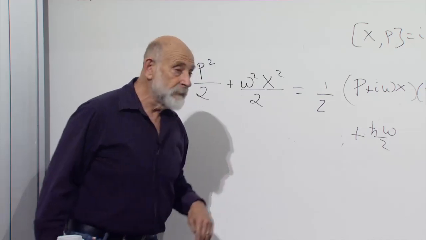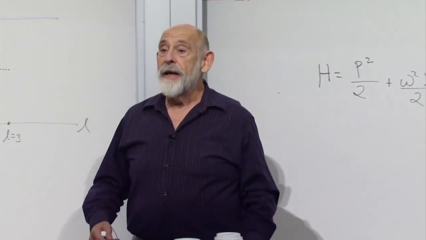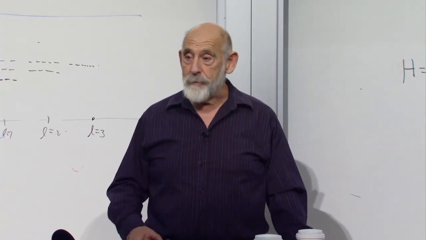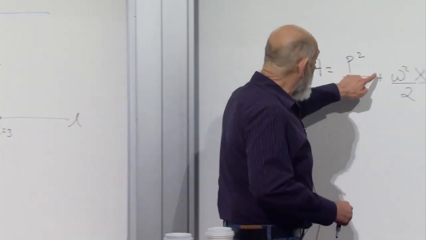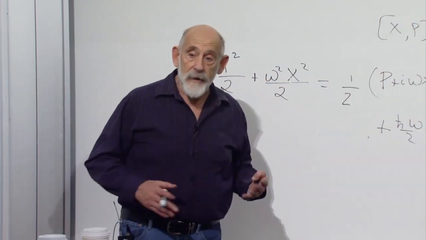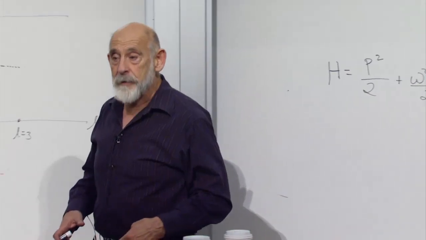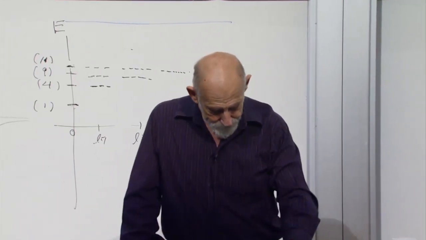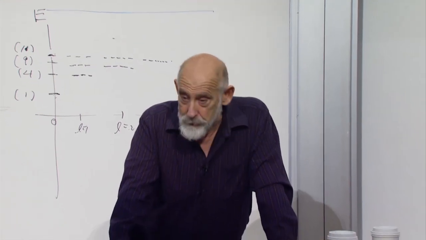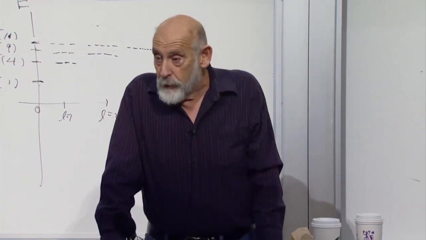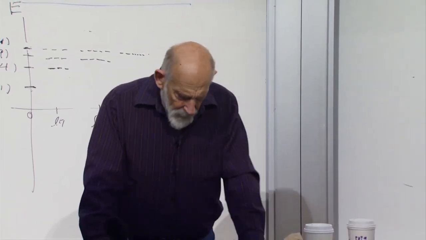Both of these are 0. Quantum mechanically, you can't have both x and p be 0 simultaneously. Furthermore, both of these are positive, and therefore they can't cancel each other, so there's got to be a little bit of energy in the ground state. It's the Heisenberg uncertainty principle, which tells you that you couldn't have had 0 energy in the ground state.